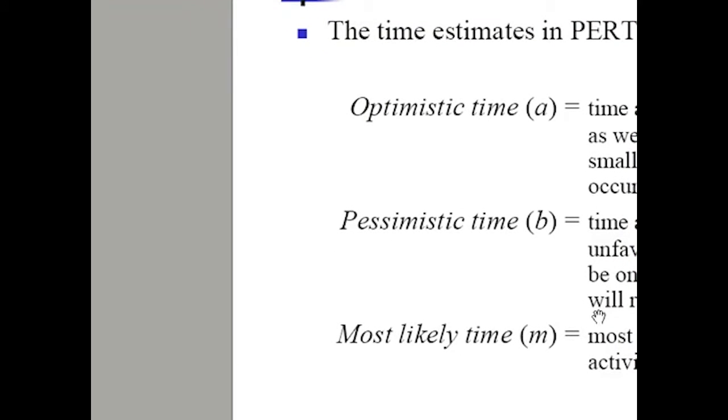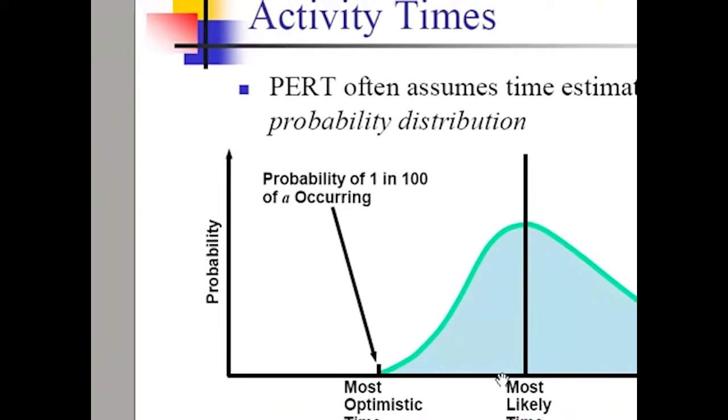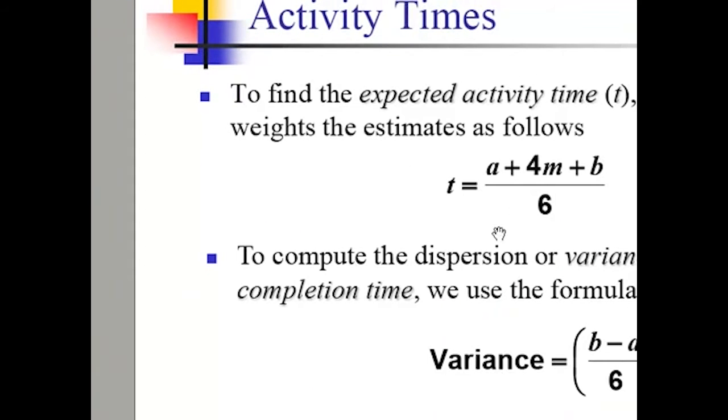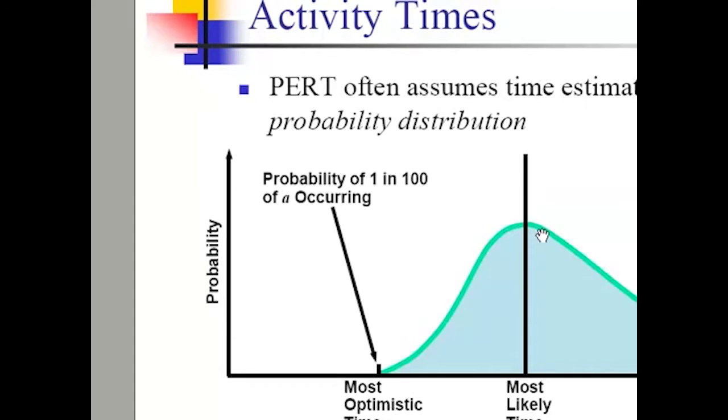And this summation divided by 6 is our expected activity time.